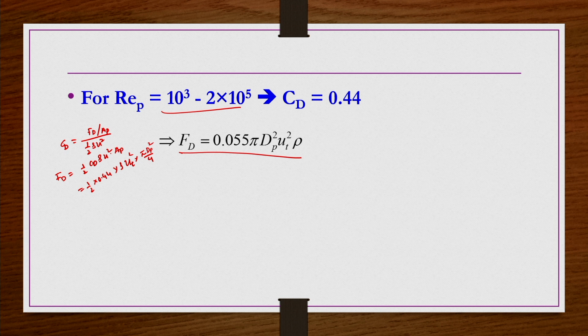But drag force is not our interest as of now. Our interest is to find out the motion of the particle, the velocity of the particle. So, the terminal velocity of the particle.